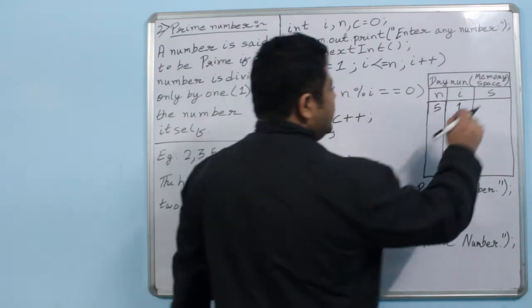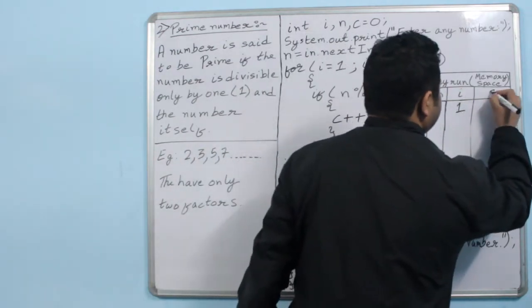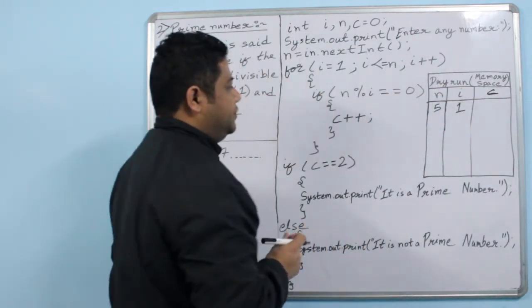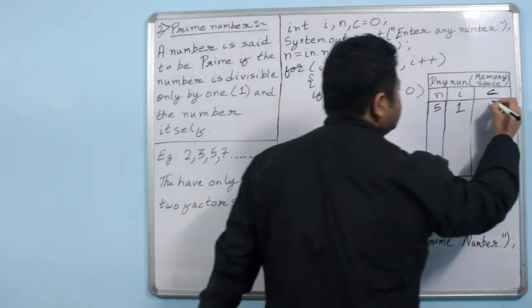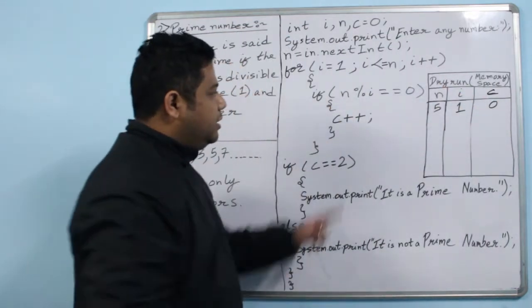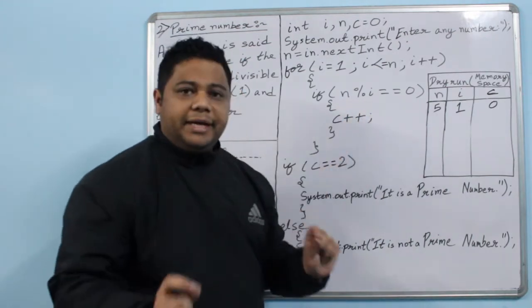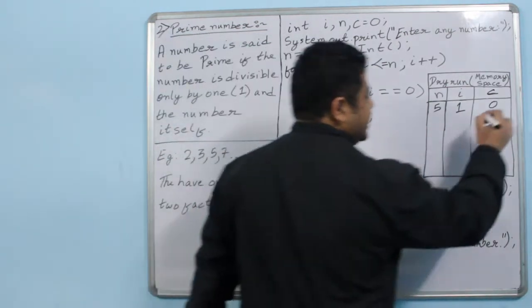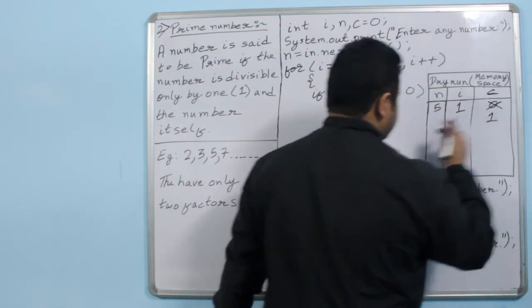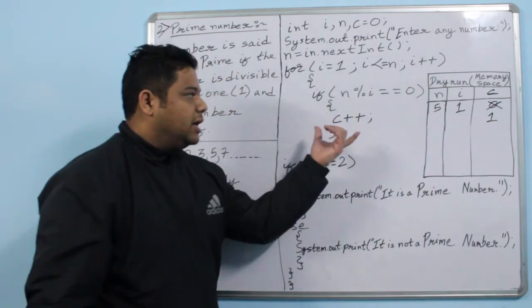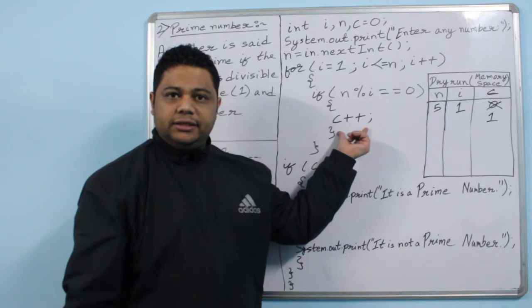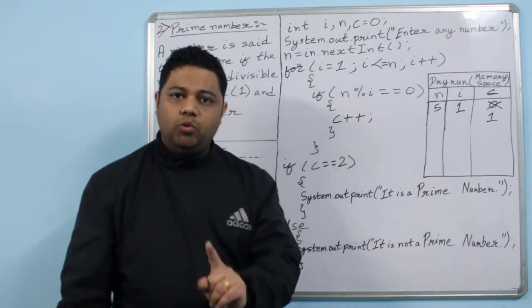First, the counter variable c has value 0. When we come over here, we know 1 is a factor of all numbers. So 5 modulus 1 equals to 0 becomes true. Then the counter increases by 1. C++, I have used the postfix, which increases the value of c by 1.